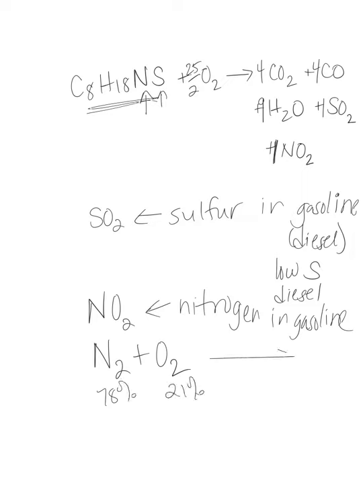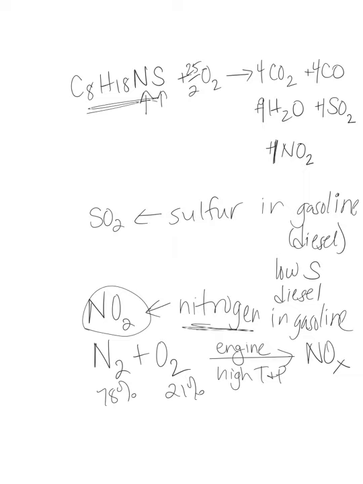In an engine, which is at high temperature and pressure, you're going to form NOx or NO2. So this nitrogen in the gasoline can form the NO2, or just simply having an engine can form this NO2.